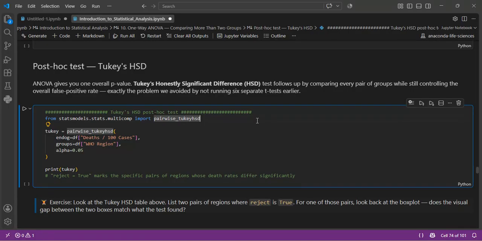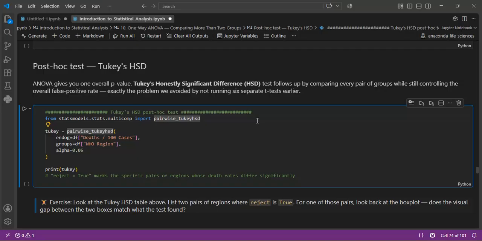As a result, we implemented the ANOVA in order to calculate the overall. However, the Tukey HSD also helps us to control the overall false positive rate.